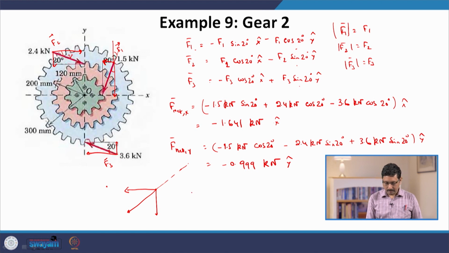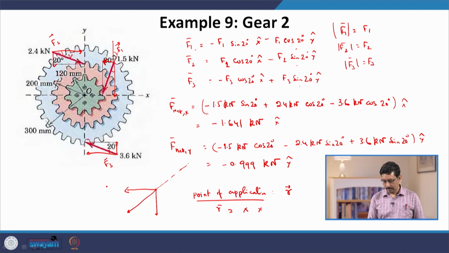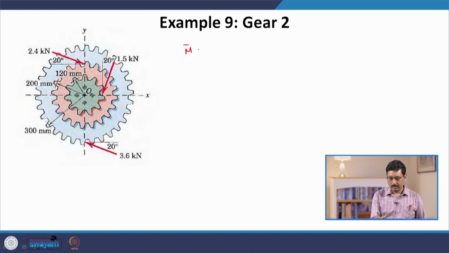Let us say the point of application is some point whose position vector is r, and this r has x component and y component. Then what is the moment of this total force acting at r? That we can calculate from this definition.